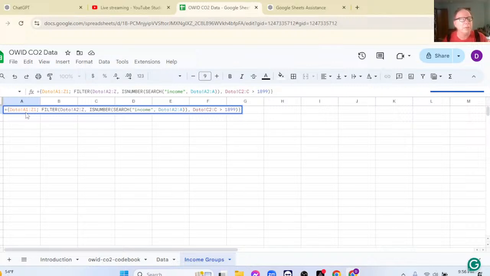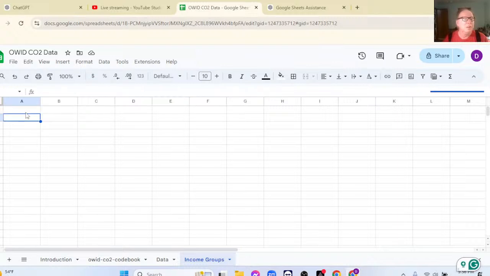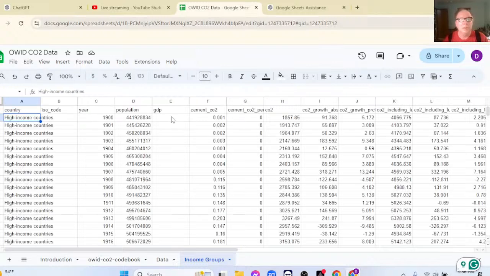Now this takes a moment to load. And there it is. Income group for country. Well, here's the question for us.